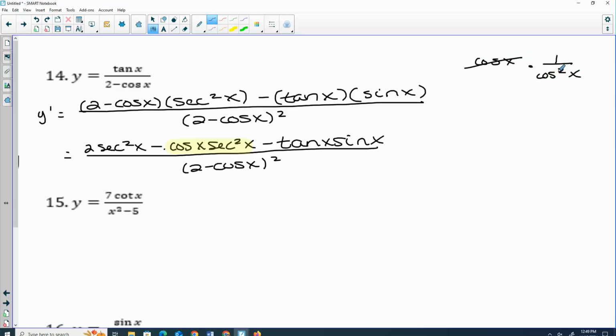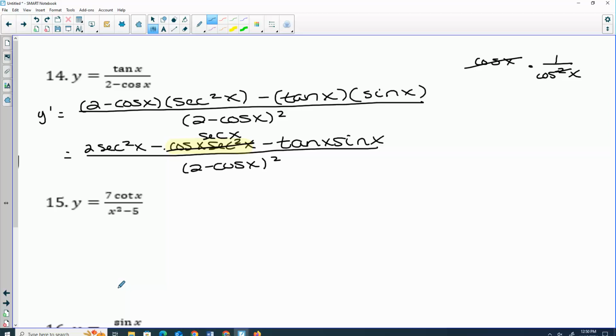So we can cancel one of those, it leaves us with a 1 over cosine, which is secant. So if you looked at my answer key, I just had a minus secant x right there. On this, I would take either. Does it matter if we put sin x first? Nope, multiplication order doesn't matter. Is that one okay?